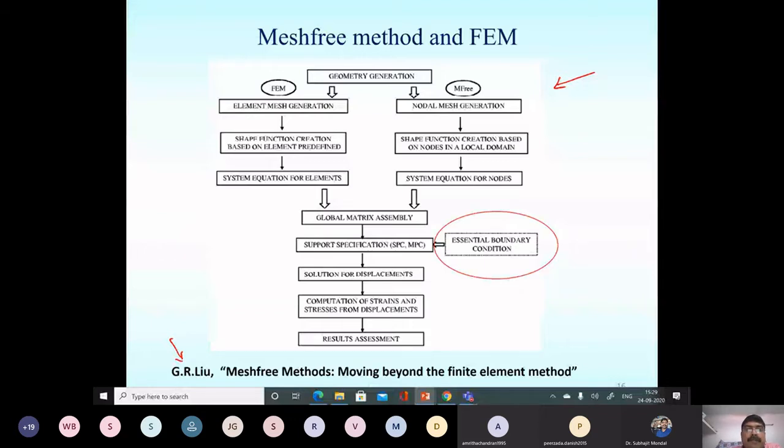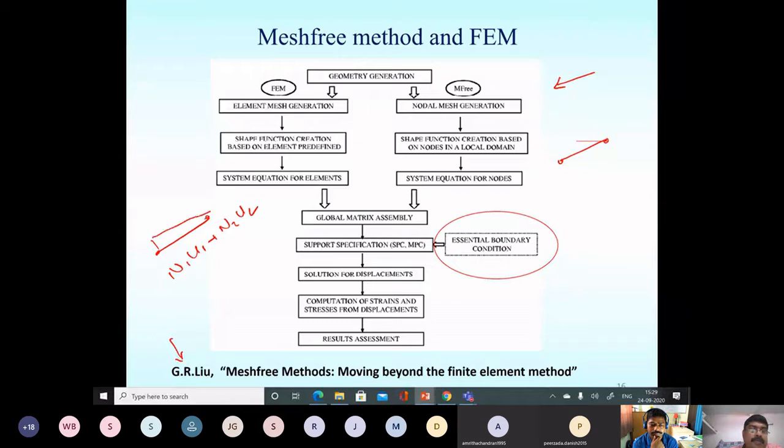You have elements in FEM and then shape functions. All of you know that if I take a linear element, in FEM I'll write N1 u1 plus N2 u2, where N1 varies from 1 to 0 and N2 varies from 0 to 1, and then you superimpose.